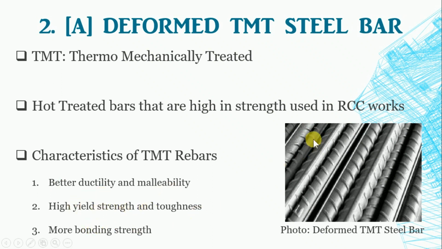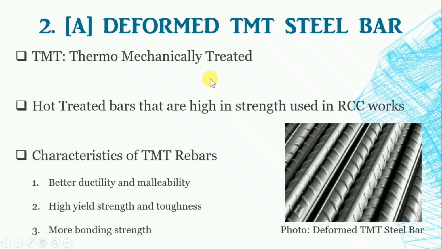Characteristics of TMT steel rebars are better ductility and malleability, high yield strength and toughness, more bonding strength, earthquake resistance, corrosion resistance, high thermal resistance, economical and safe in use, no loss in strength at welded joints, and ordinary electrodes are used for welding the joints.